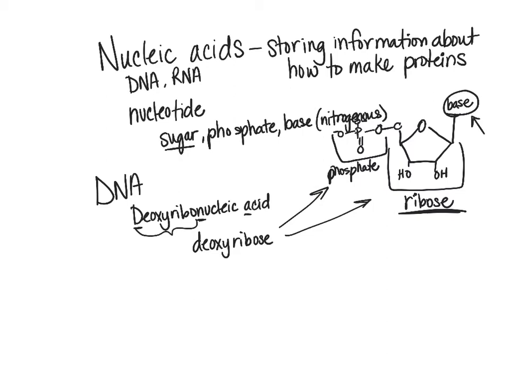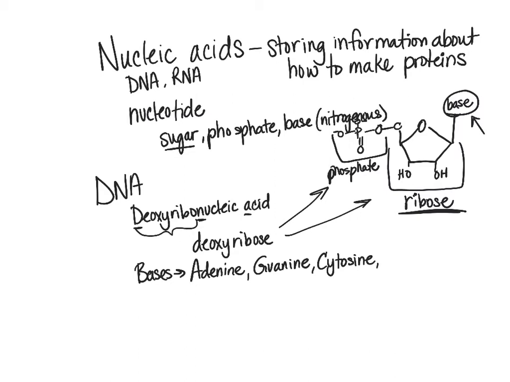And then we have different bases, our different nitrogenous bases. And that, again, is what makes up the nucleotide itself. So for DNA, we have adenine. That is one nucleotide base. We have guanine. That is another nucleotide base. We have cytosine.